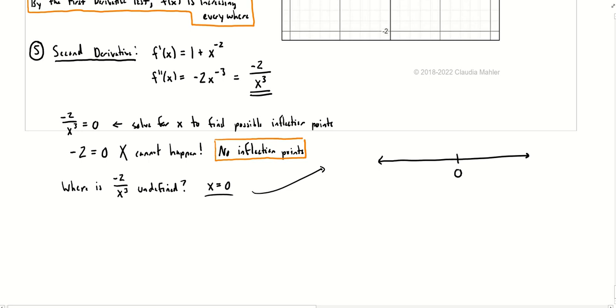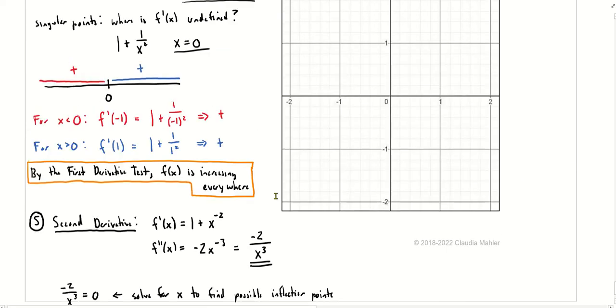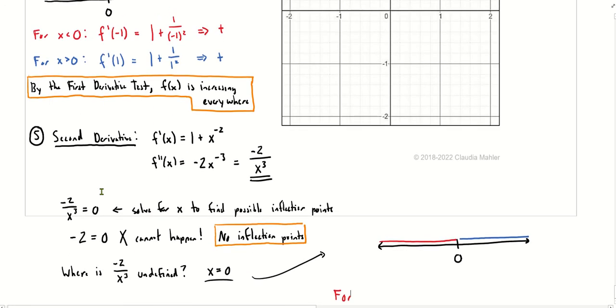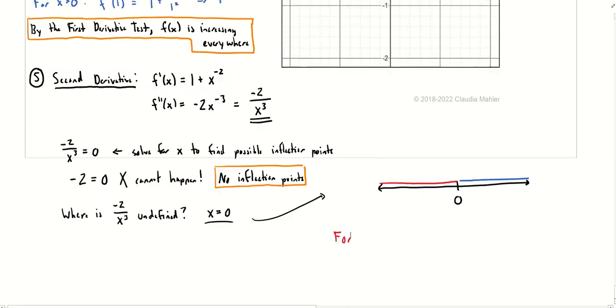So I'm going to use that point to create two intervals, and check concavity on these intervals by checking the sign of the second derivative. Very similar to what we did with the first derivative, except in that case we were assessing increasing and decreasing intervals. Here we're assessing concavity.